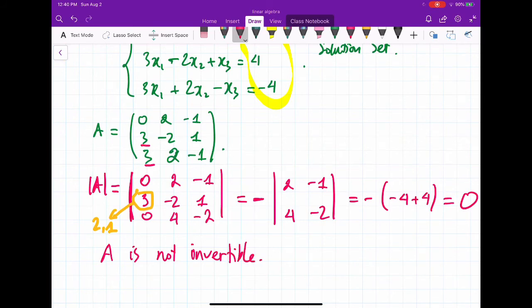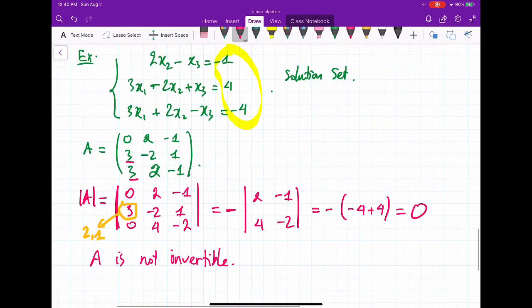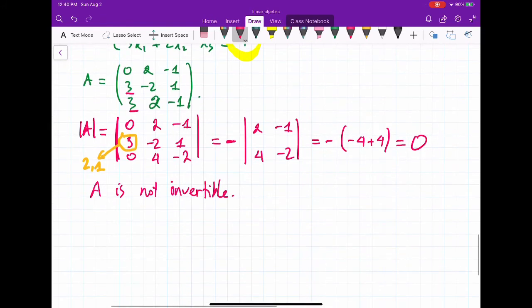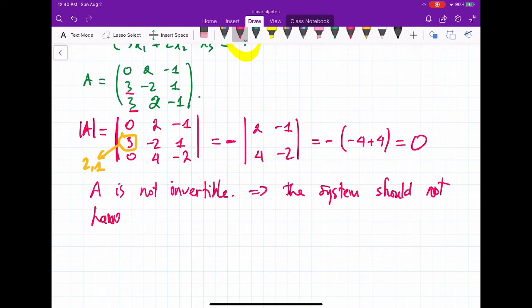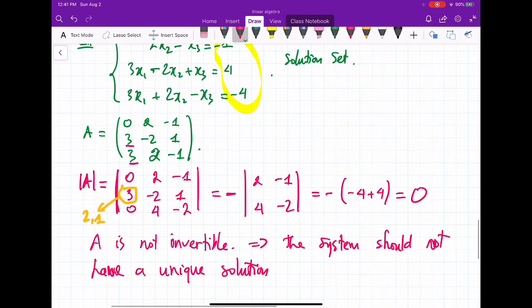Since A is not invertible, the original system should not have a unique solution, right? Okay, that is my conclusion. So what does it mean? That means we still don't know about the solution set.